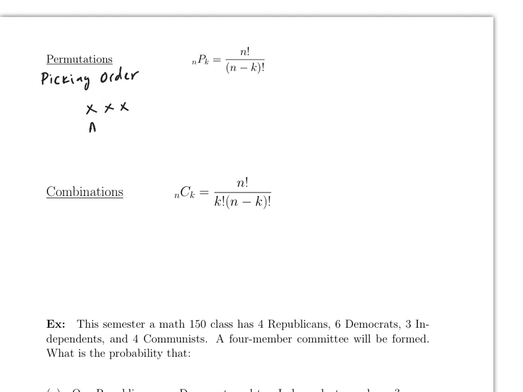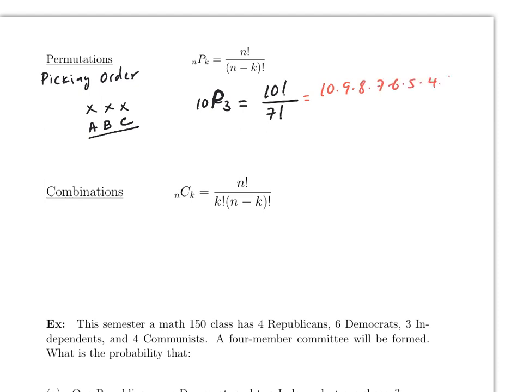Whoever you pick first gets an A, second gets a B, and third gets a C. So the order in which they are selected is important. Let's say you have 10 students in a class, and you're going to select 3 from there. This should be a permutation. So this will be 10 factorial, and then 10 minus 3 is 7 factorial. Using the expansion we just did, this is 10, 9.